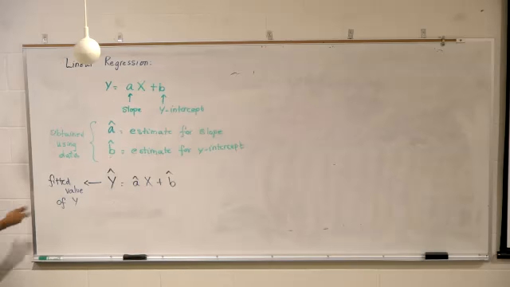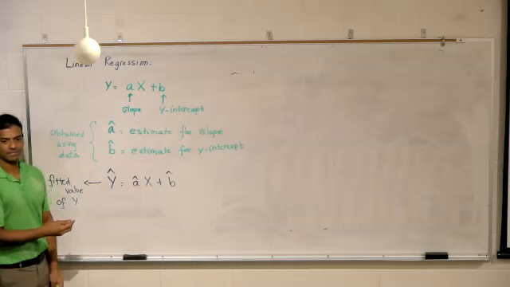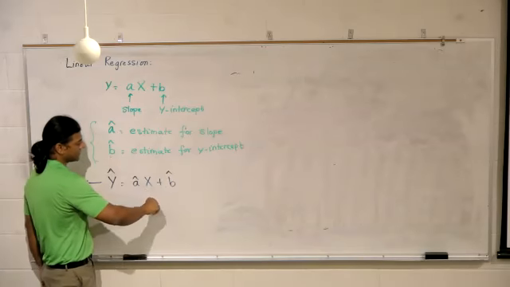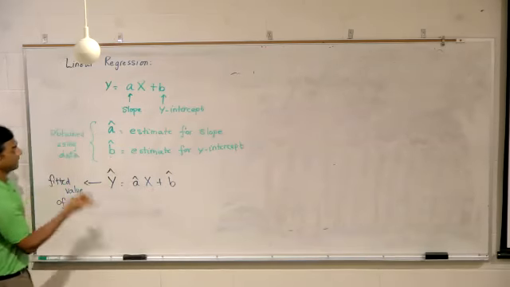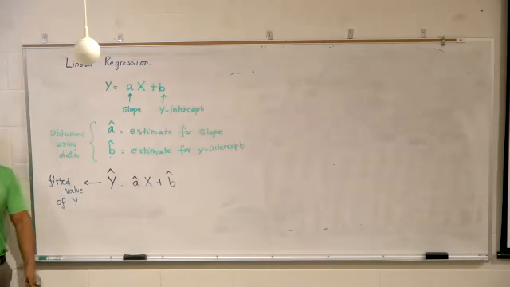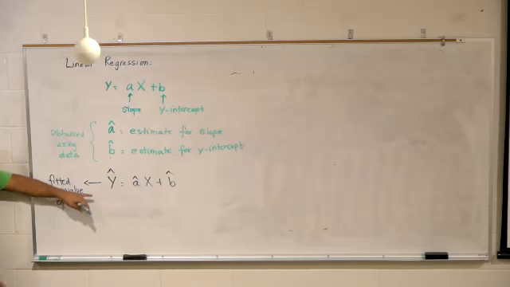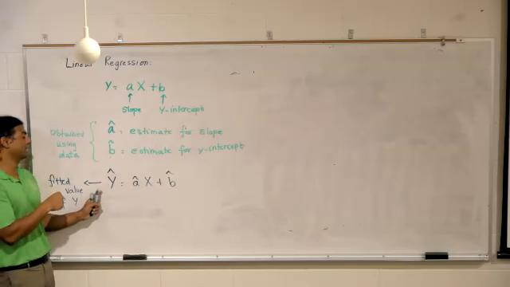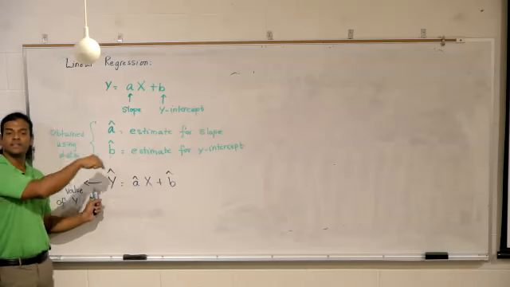Because we use the line of best fit, right? We use the data to find a hat and b hat. That's going to give me the line of best fit. So whatever value of y hat I get, it's an estimated value, estimated using the line of best fit.